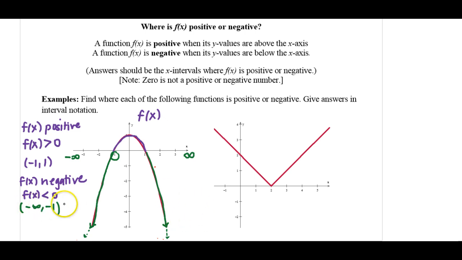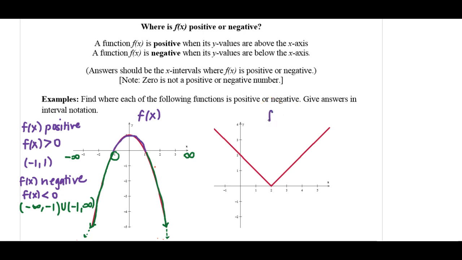So from -infinity to -1, and from 1 to infinity. This U is a symbol that means union, or really translates to and. So there are two different intervals separated by this union, meaning and, as in both of these are my solution. Now let's try to do that same thing with this function over here.